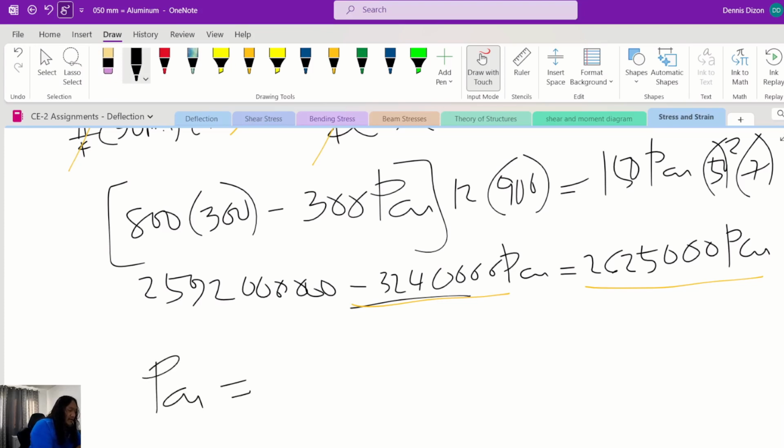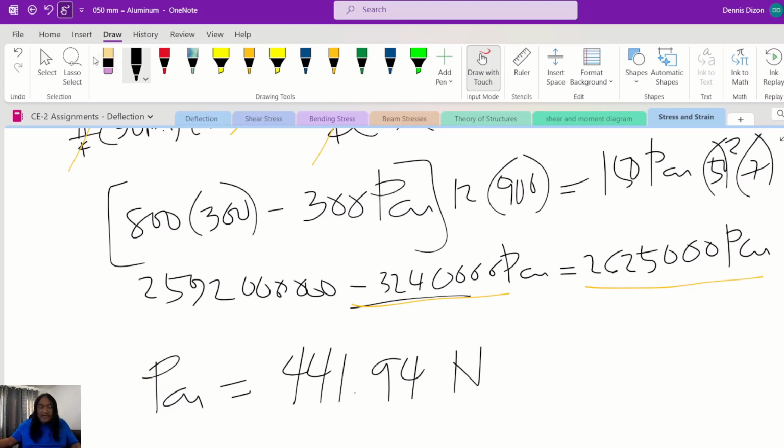Then PCU would be 2592 then 6 zeros, divided by, you add that to 3,240,000 plus 2,625,000. So PCU is 441.94 Newton.